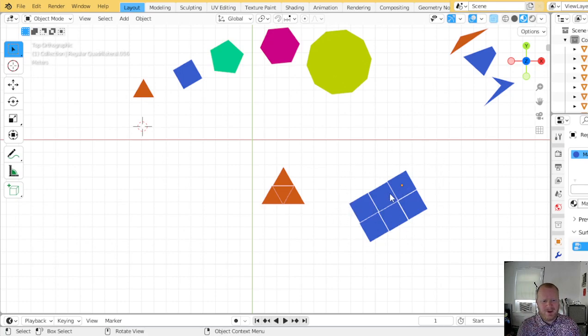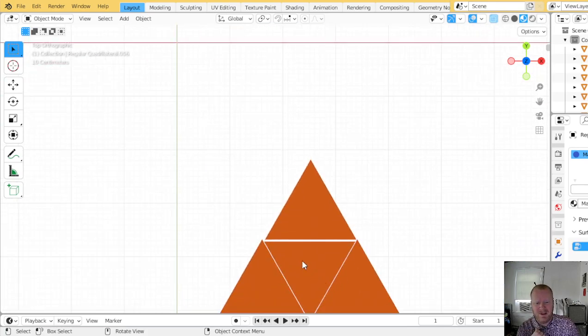This way that I've set it up right now, as well as the set of triangles here, is called edge-to-edge tiling, where you can see that the edges line up with each other.